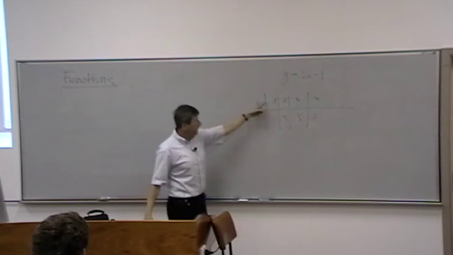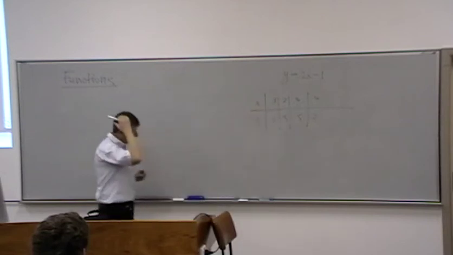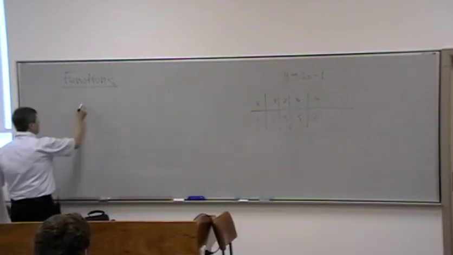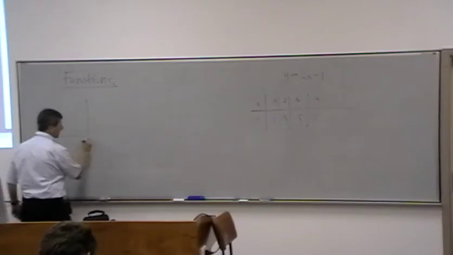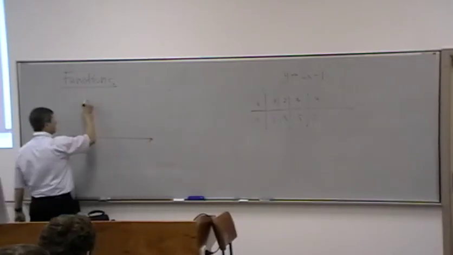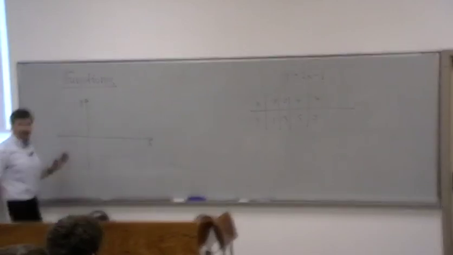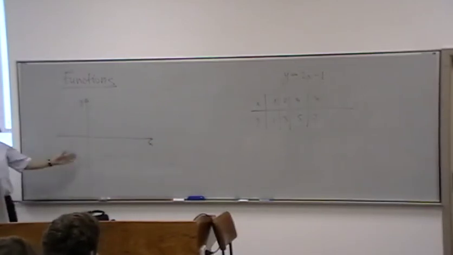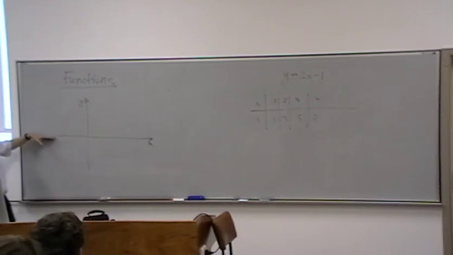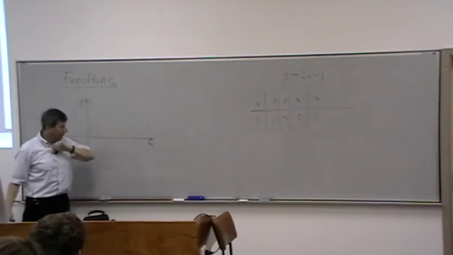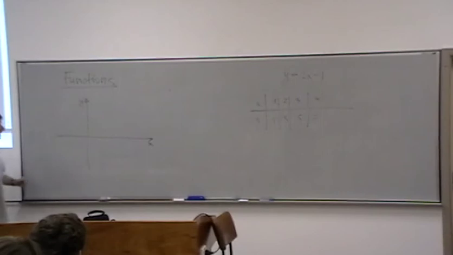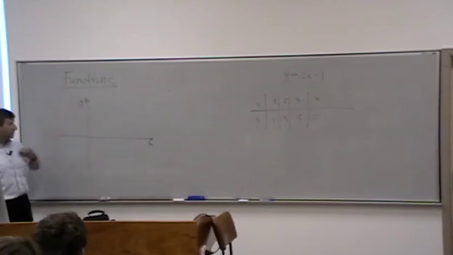Each such pair we can depict in a coordinate system. A coordinate system is 2 number lines perpendicular to each other. So I have the number line of each input of x and the number line of the outputs y.